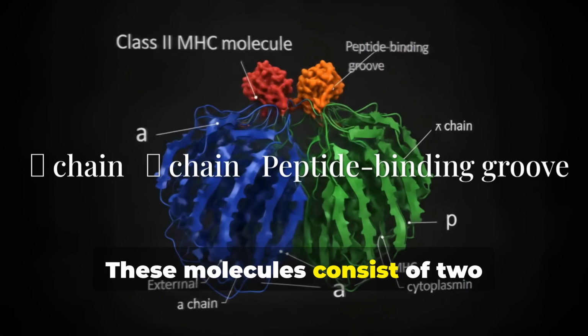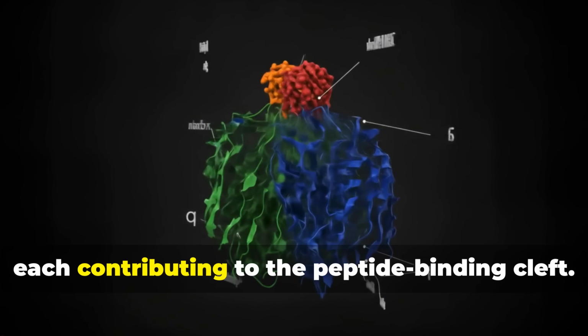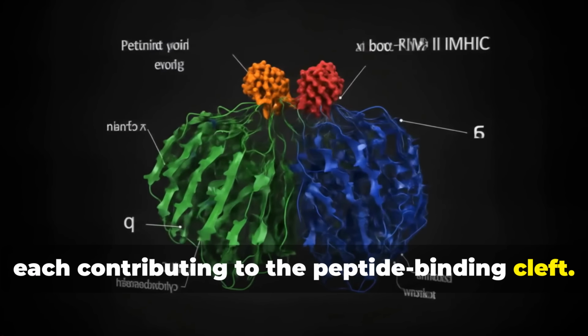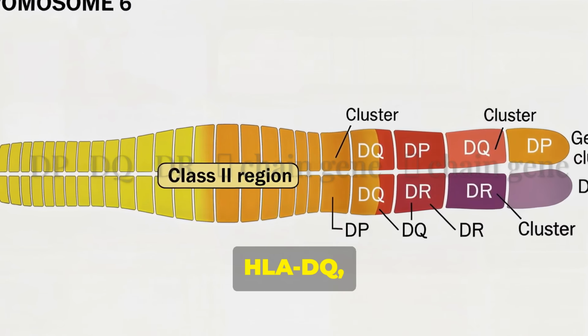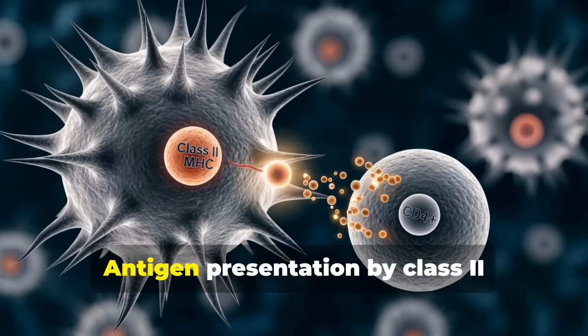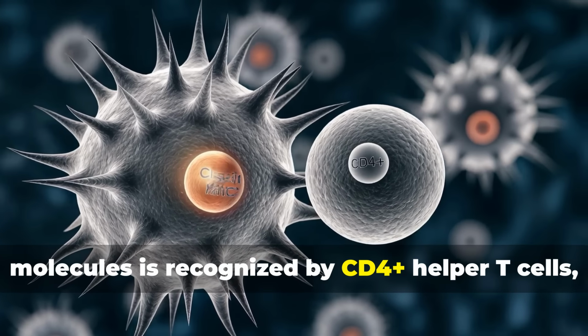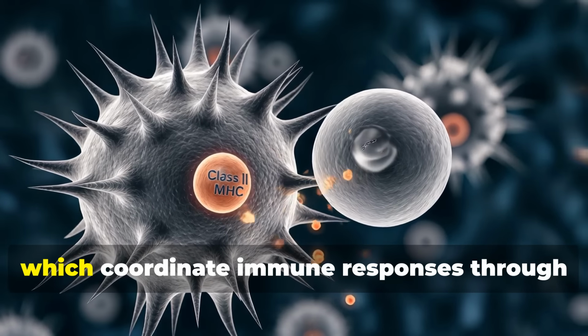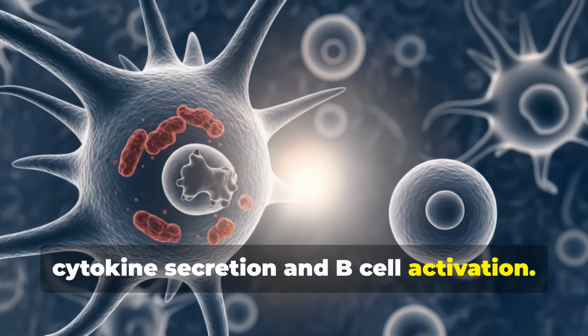These molecules consist of two transmembrane polypeptide chains, alpha and beta, each contributing to the peptide binding cleft. Class II MHC genes reside in the HLA-DP, HLA-DQ, and HLA-DR regions of chromosome 6. Antigen presentation by class II molecules is recognized by CD4 plus helper T cells, which coordinate immune responses through cytokine secretion and B cell activation.